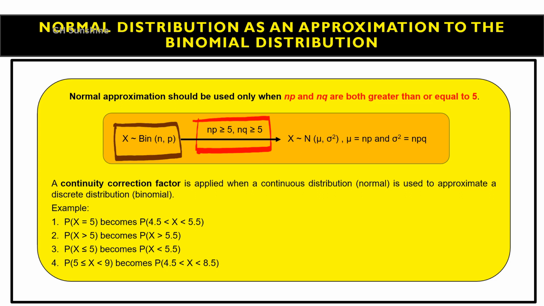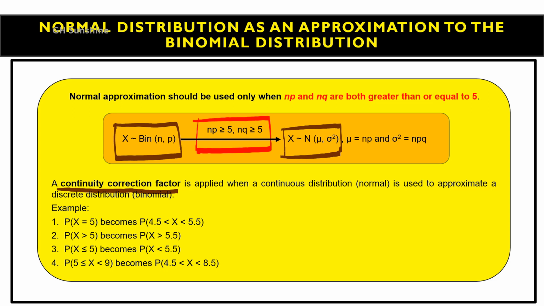From binomial, a discrete distribution, and then use normal distribution. Normal is a continuous distribution. You have to apply the continuity correction factor, meaning plus 0.5 or minus 0.5 or both.